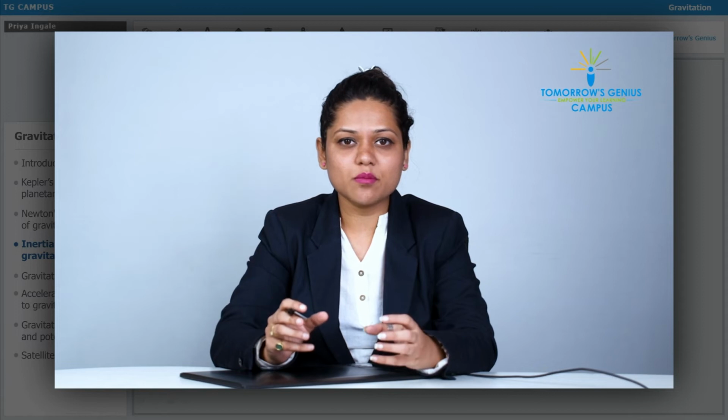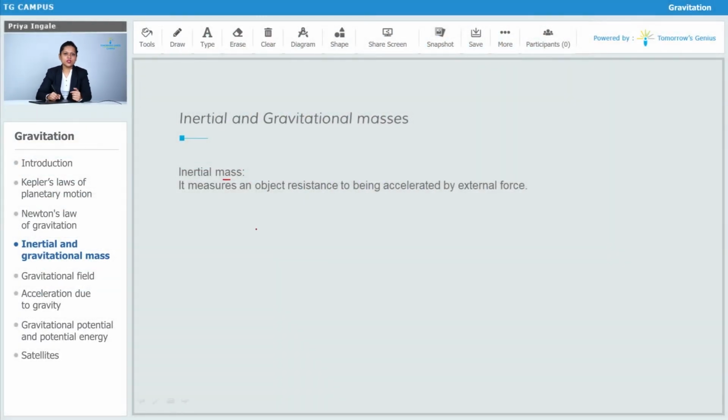So it is about when a force is acting on an object and trying to accelerate it. What is that mass and how are we going to calculate it? We know that force is given by mass into acceleration, so mass is given by force upon acceleration.